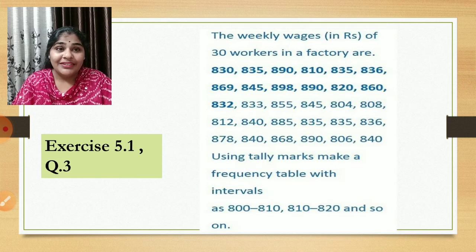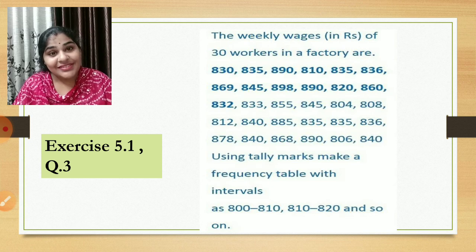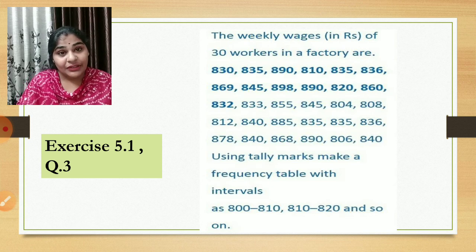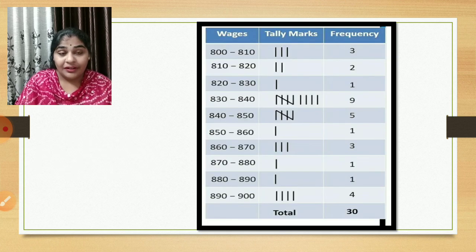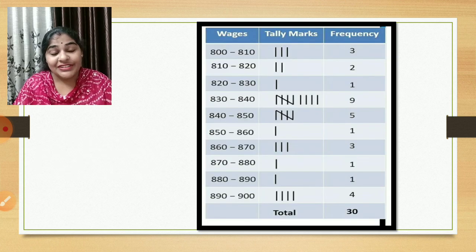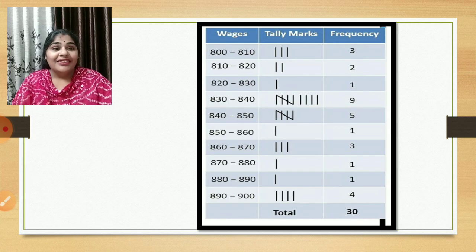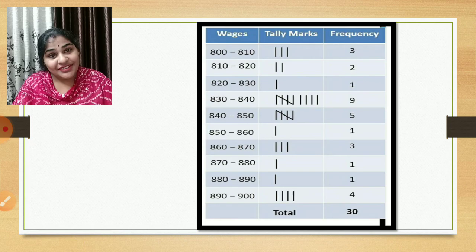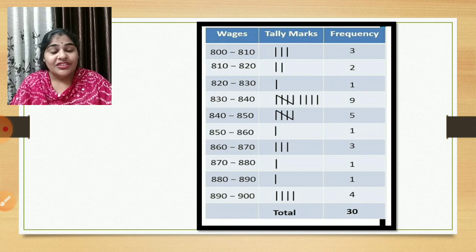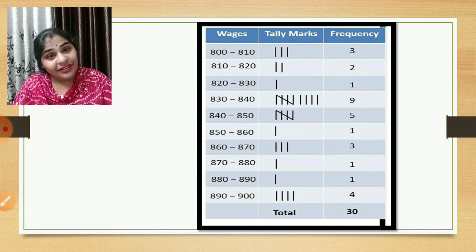If we go back, it says the weekly wages of 30 workers. So yes, we are tallying with our question, which means we have covered all the wages given in the question. This is how you will draw a grouped frequency distribution table. This also you will note down in your classwork, children.